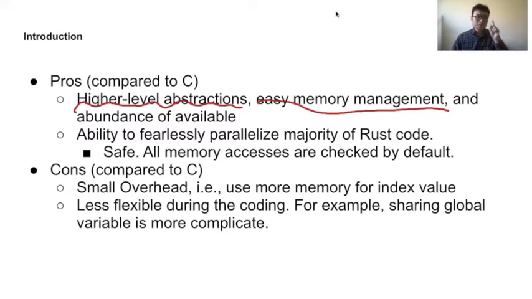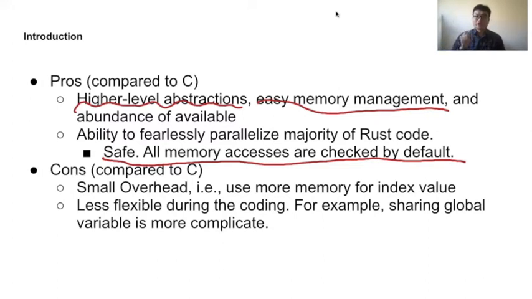And another big advantage of this language is that it's much safer if you want to do parallel programming. In other lectures, you should see that in parallel programming you need to deal with race conditions and shared variables.